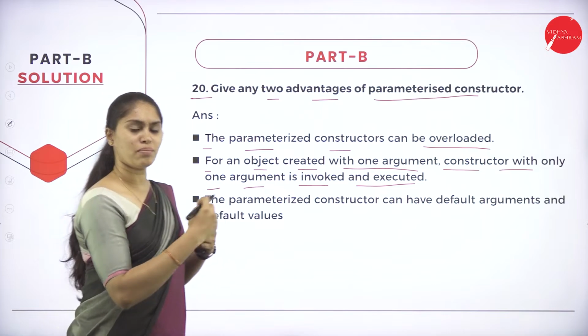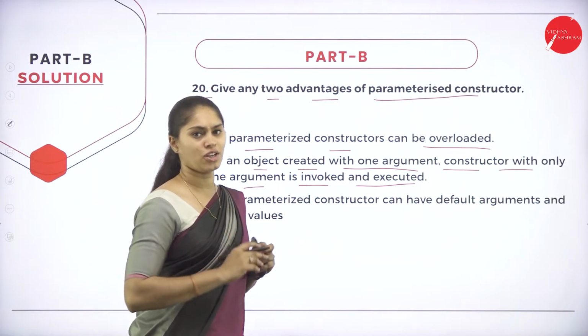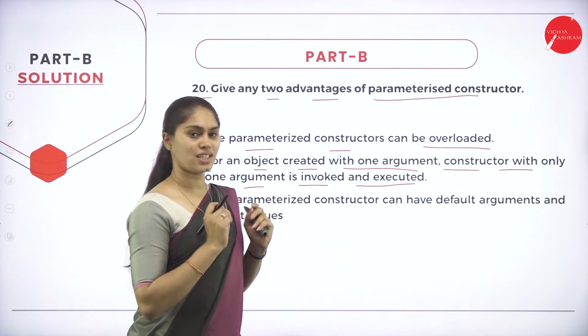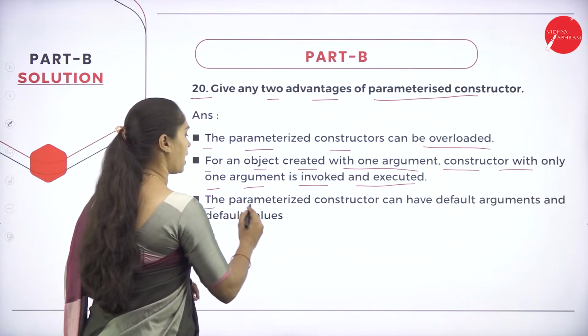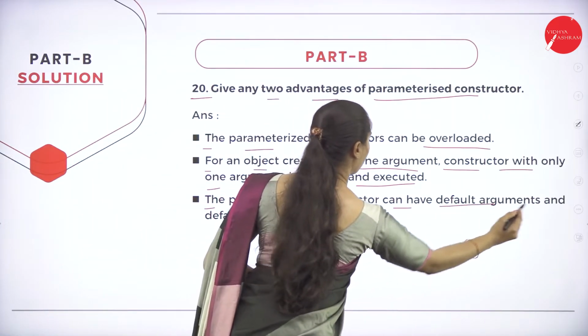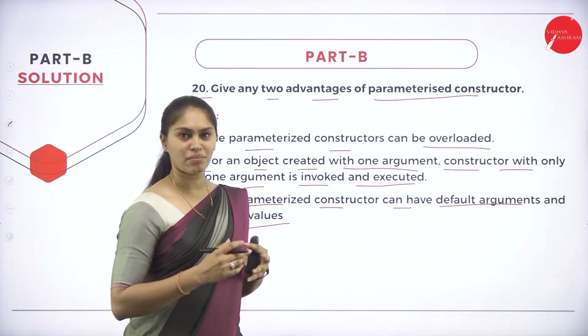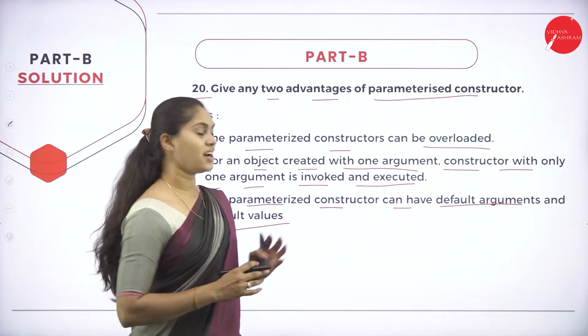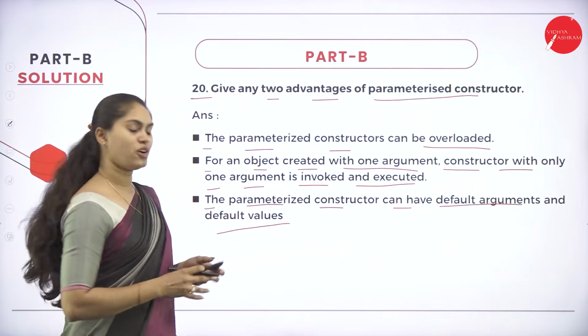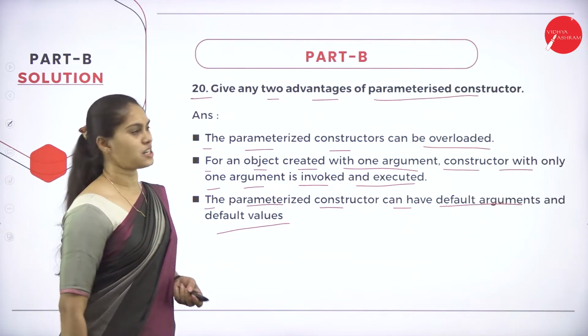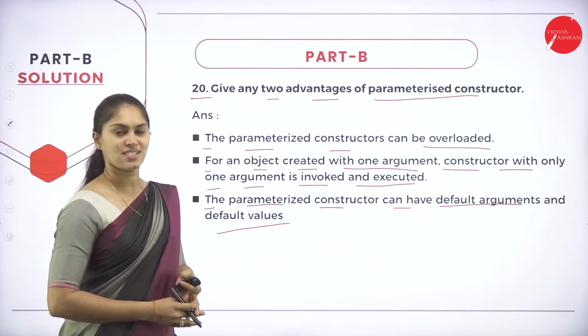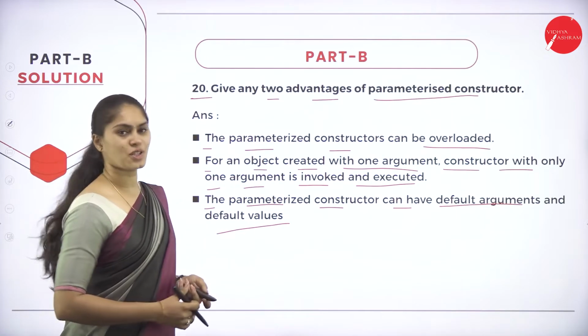That means if the number of parameters matches, then only it will be invoked and executed. Then the parameterized constructor can have default arguments and default values. So these are the advantages that you have to mention for this question.